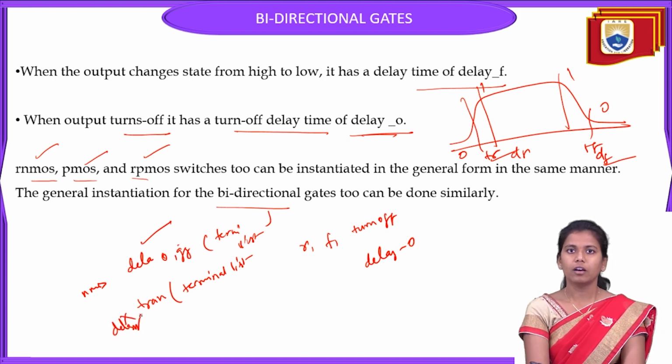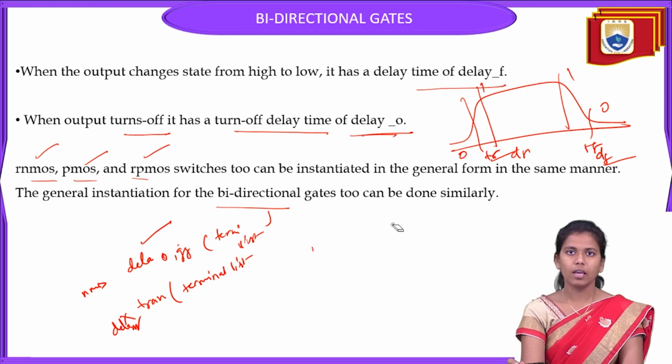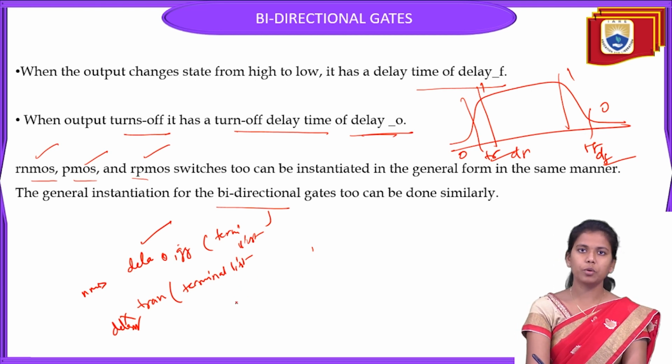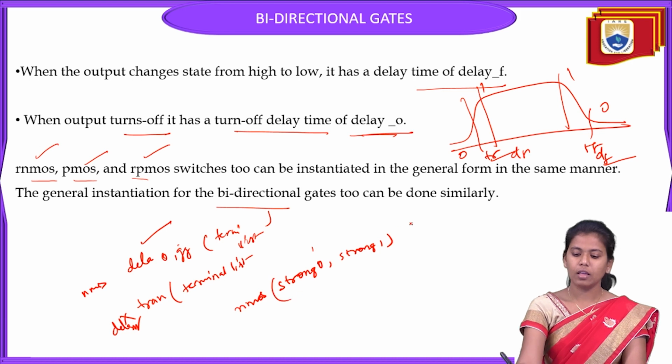Okay, and if you want to represent the signal strength and the delays as well. In bidirectional gates or switches, there is a time where you must represent the signal strength. In such cases, we can represent, for example, NMOS. This is strong 0, strong 1.